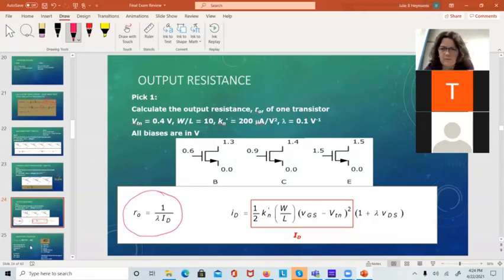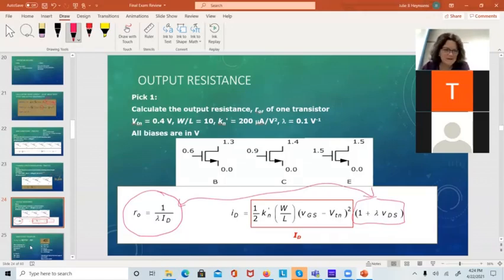It's just 1 over lambda ID. It should come out to be a couple hundred k ohms, 100 to maybe 400 k ohms for reasonable devices. We don't have to include that in the saturation current because this is just modeling that. These are equivalent. Don't do it twice.